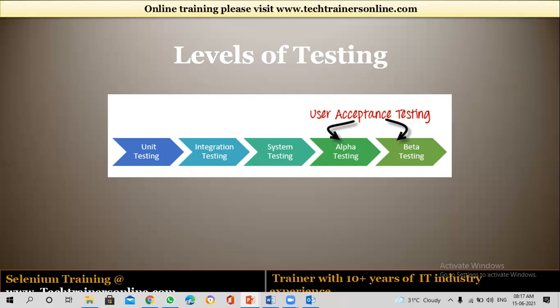Okay, why is the developer required to do the unit testing? As we discussed about verification, we need to make sure we find as many defects as possible at the early stage. So why do we need to find the defect at an early stage? Because it prevents the cost of defect repair. When I say defect repair, I mean fixing of the defect. As discussed in the previous session, if you find the defects at the early stage, the cost of fixing the defect is very low.